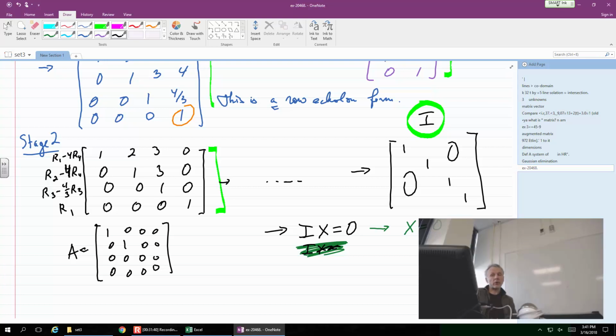Depending on the number of zero rows at the bottom, we're going to have the dimension of the space of solutions. I'm using the word space because it is a copy of Euclidean space. So this is our R2. The solution set is literally R2.